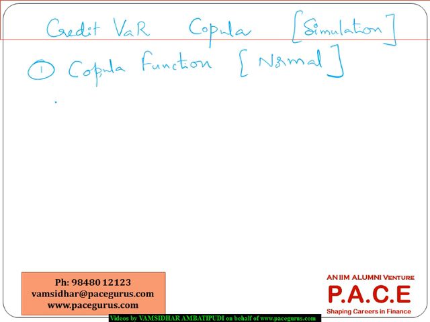So I can simulate the various default times. I can simulate for the first asset and the second asset separately. So I can generate a few thousand simulations based on the Copula for the first asset in the portfolio, and similarly for the second asset in the portfolio.